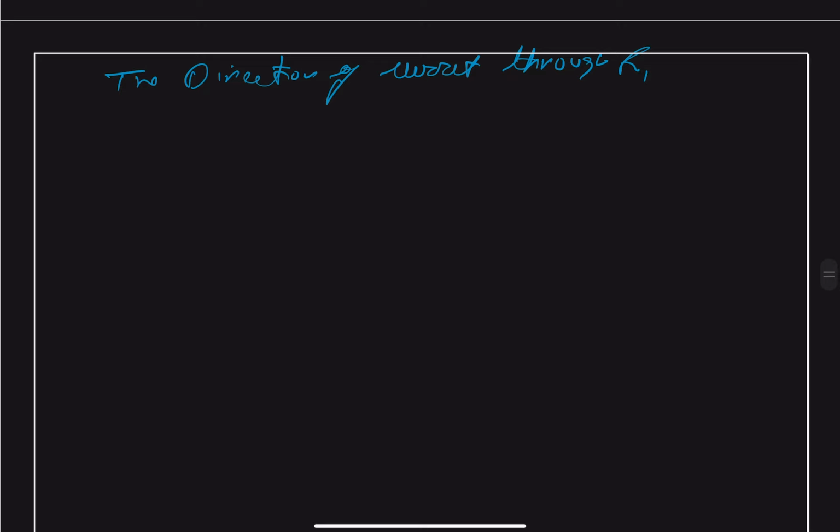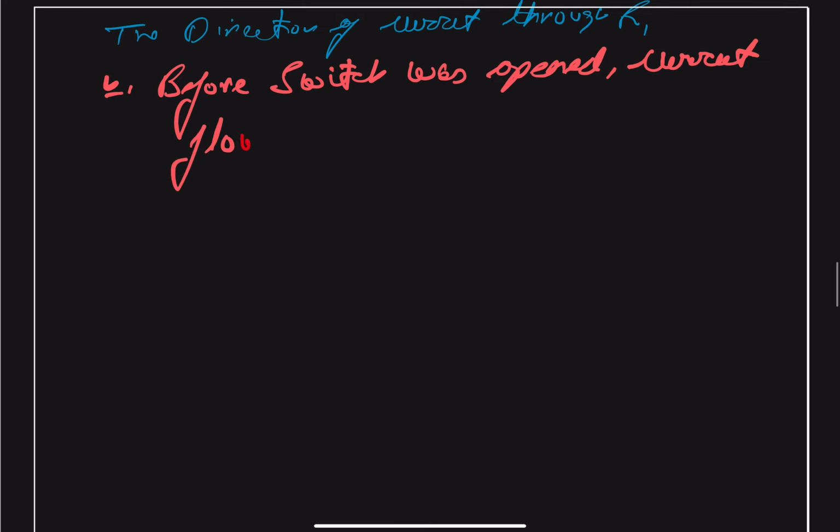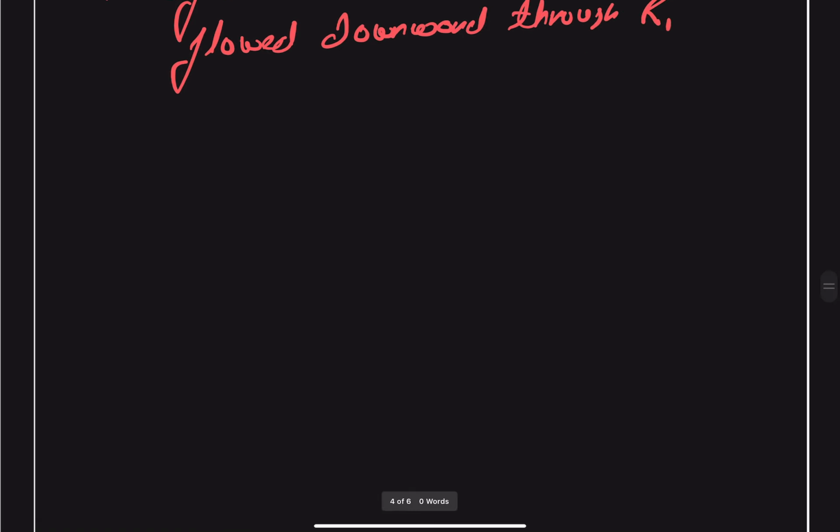Before the switch was opened, the current flowed downward through R1. And when the switch is opened, the current will now be flowing in the opposite direction.